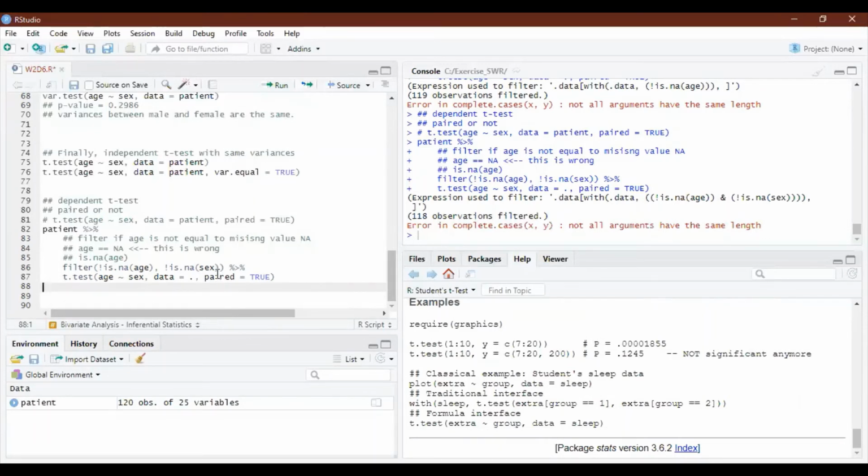So the missing value is a little bit tricky to look at. It's 180 observation filter.